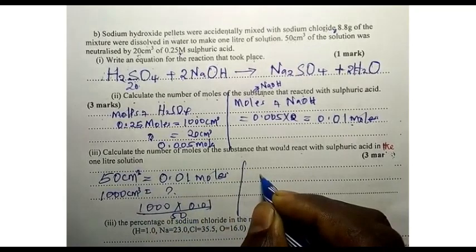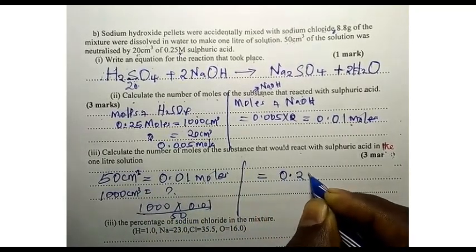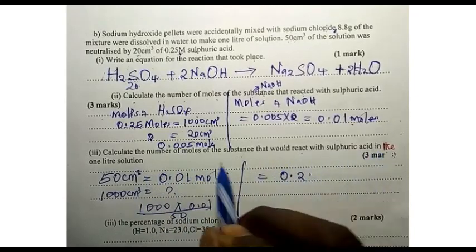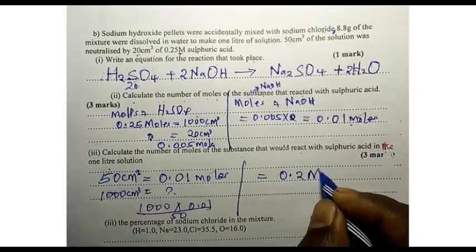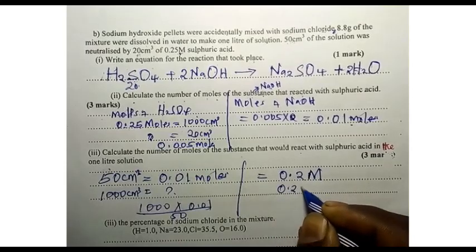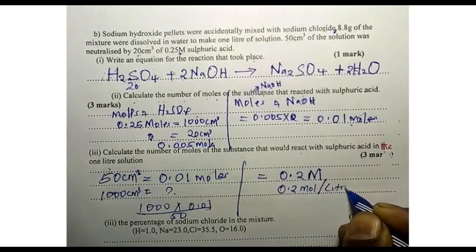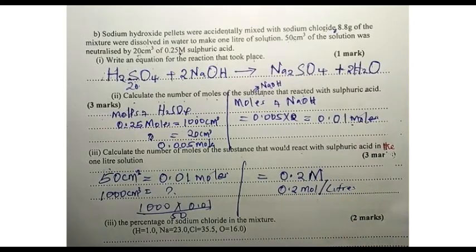This one will give you 0.2, because it is moles in 1 liter. You would simply write 0.2 mole per liter. Mole per liter, therefore, that is molarity.